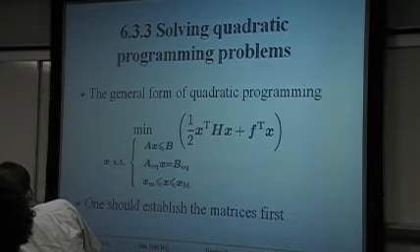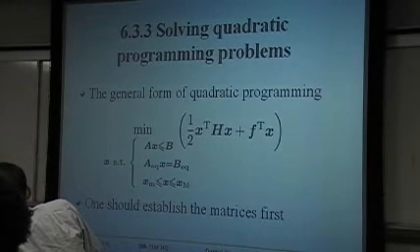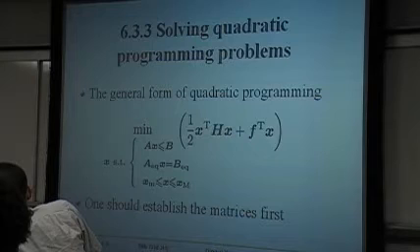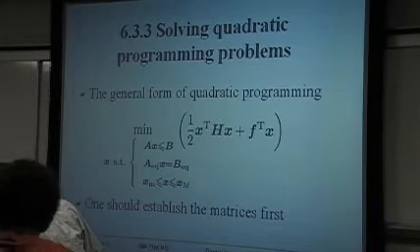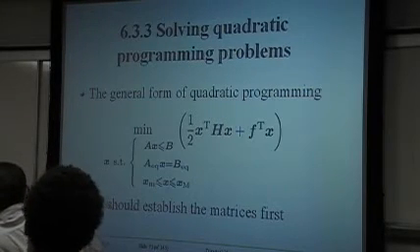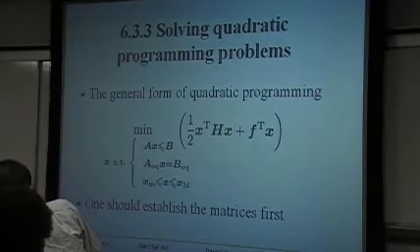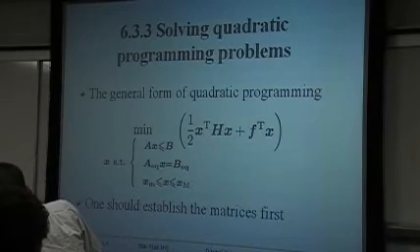In the standard form, we didn't talk about the constants. Actually, you can just delete it, because a constant in the objective function does not affect the final result of optimization. You can just remove it. So we can solve this problem easily.